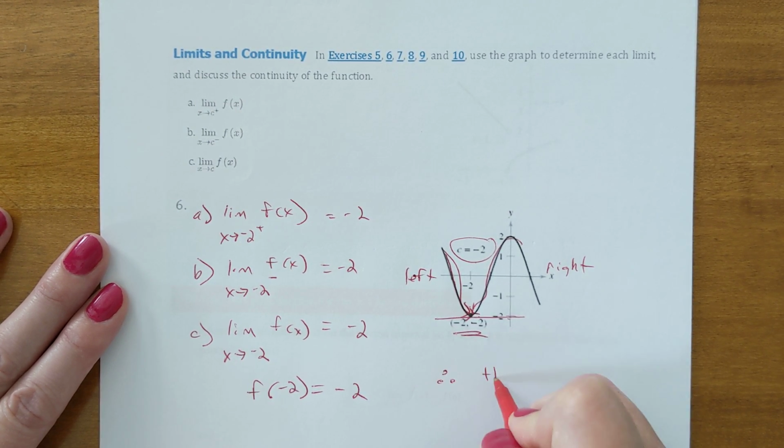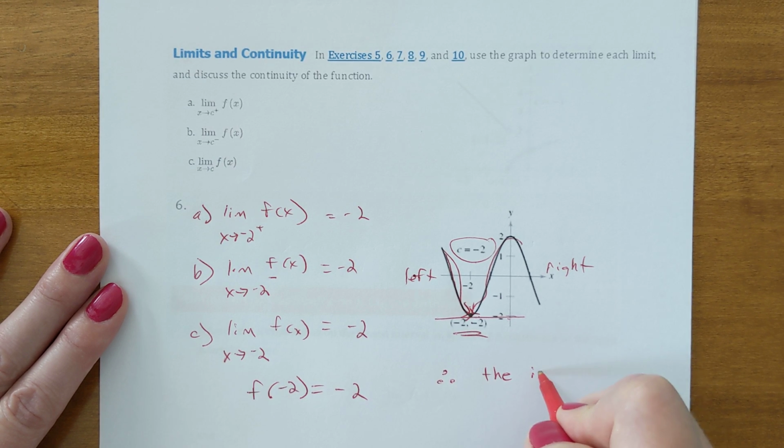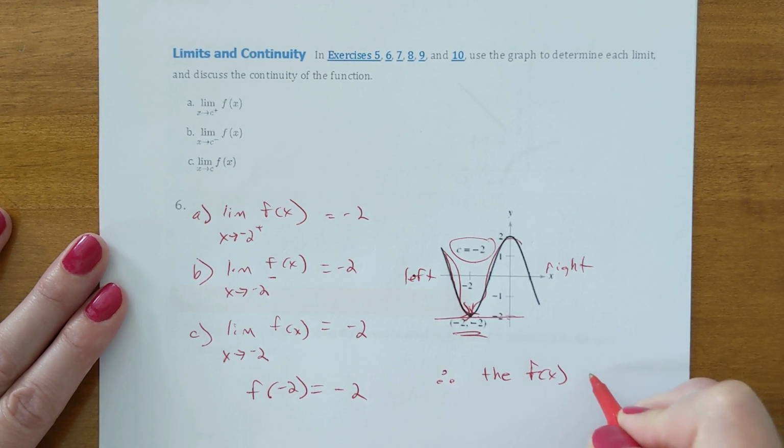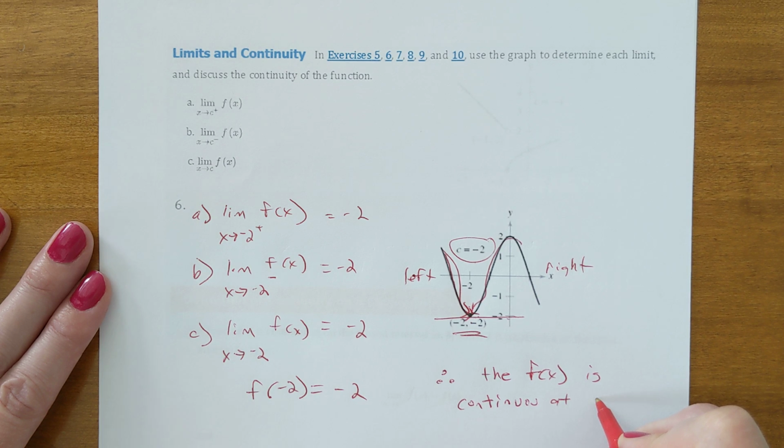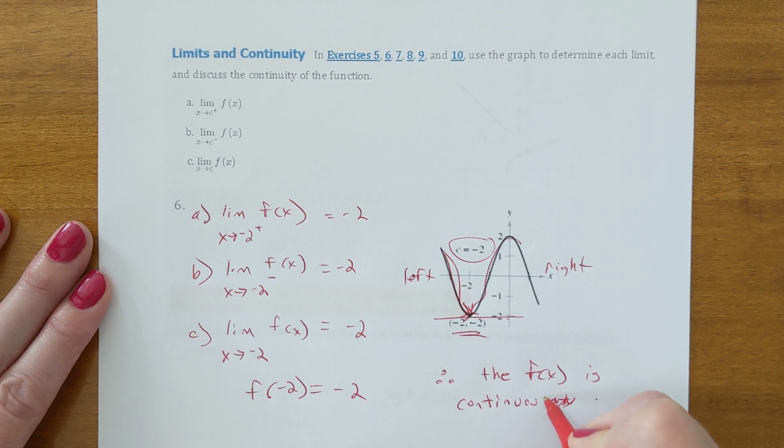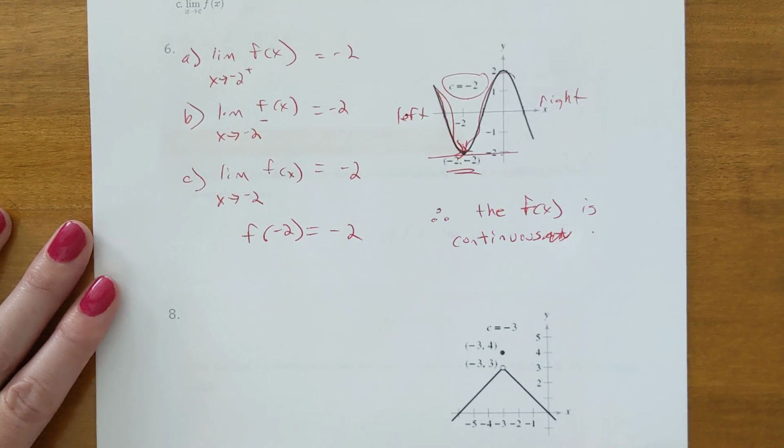Therefore, the graph is continuous. Therefore, f of x is continuous. Well, we'll just say it's continuous. All right, next one.